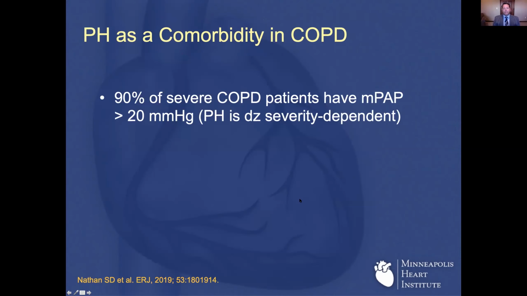When we look at patients with COPD, 90% of patients with severe COPD will have a mean PA pressure that's greater than 20 millimeters of mercury.